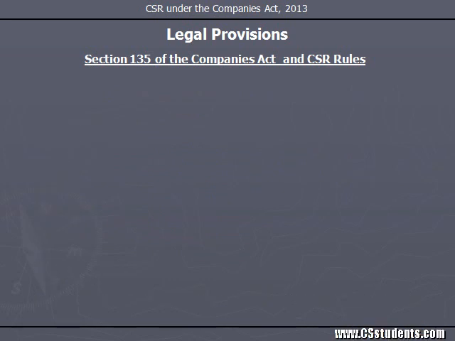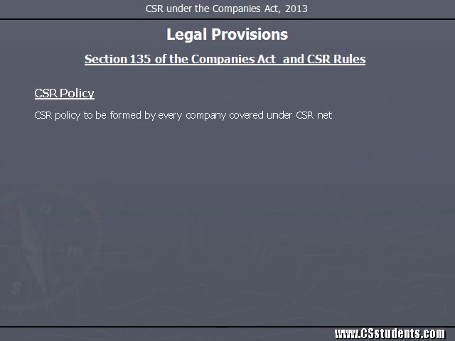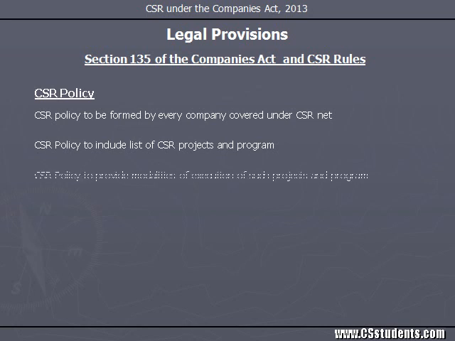Every company falling in the CSR ambit shall frame its corporate social responsibility policy. The CSR policy shall include a list of CSR projects or programs which the company plans to undertake. These programs should fall within the purview of the activities mentioned in Schedule 7 of the Act. The CSR policy shall also provide the modalities of execution of such projects and programs, and an implementation schedule.